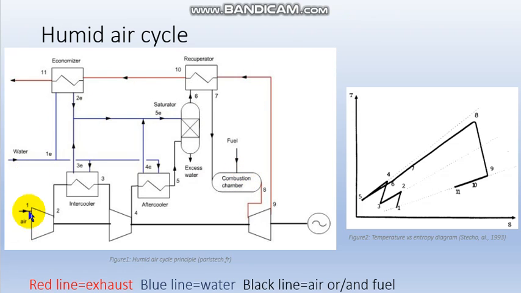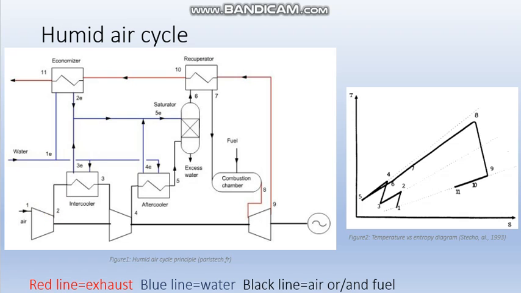For the air coming in the first place, it's going to come at a normal temperature, which is about 288 Kelvin, which is 15 Celsius, and at atmospheric pressure. At the end, the pressure loss at the combustion chamber is going to be 3%, and the final maximum temperature is going to be 1273 Kelvin.